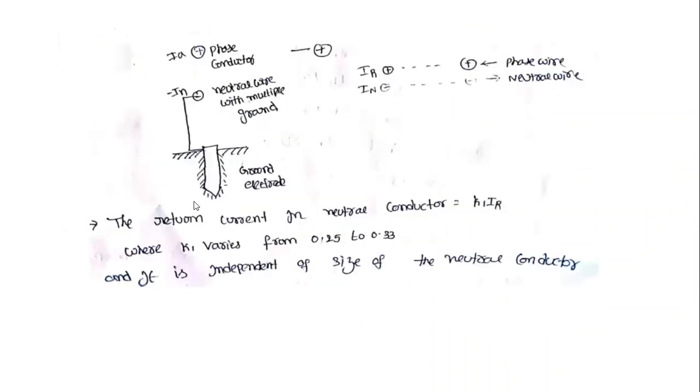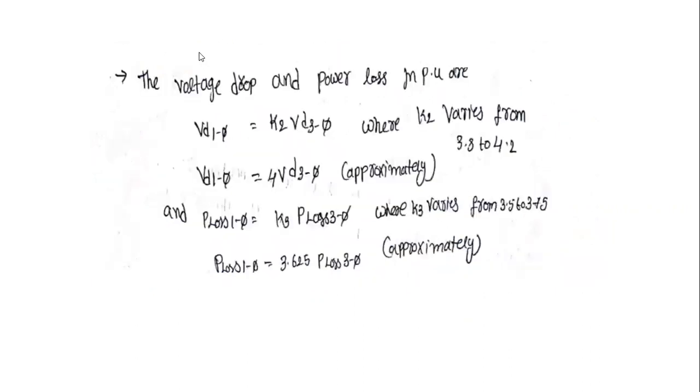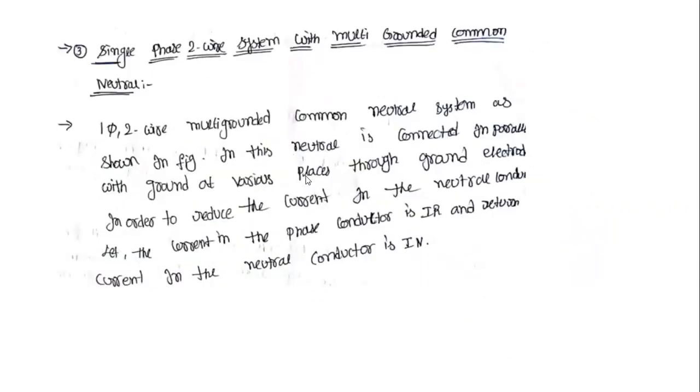This is the grounded electrode and neutral wire with multi-grounded, and this is the phase conductor. In this, the neutral is connected in parallel with the ground at various places through the ground electrodes.